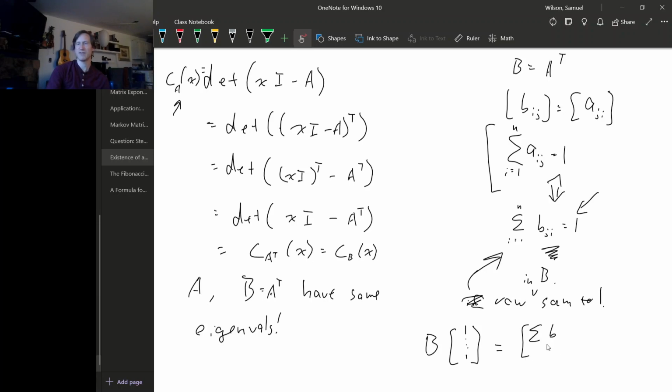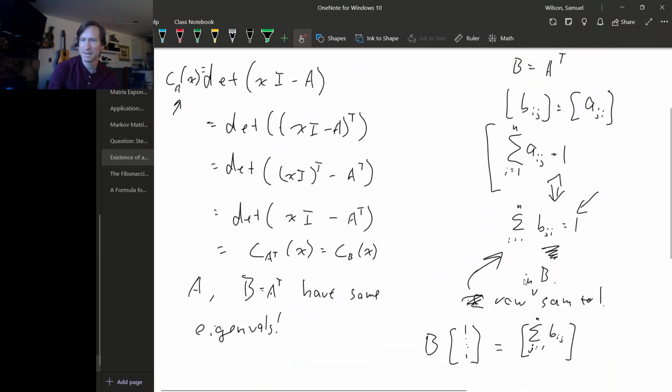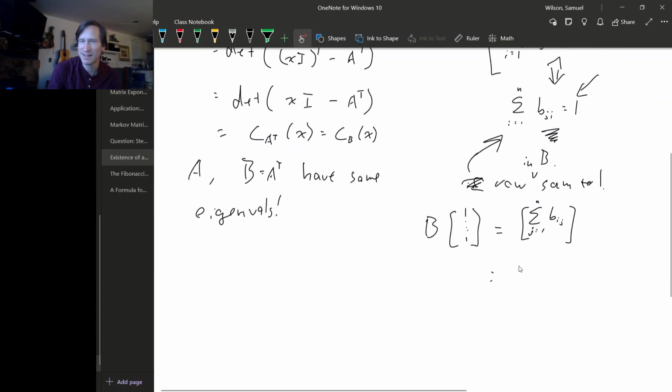So this now is the vector whose entries are the sum as i goes from 1 to n of B_ij, but I guess I need a j here, B_ij. But this is the same as the sum from j equals 1 to n of A_ji, but that's exactly what we said was equal to 1.